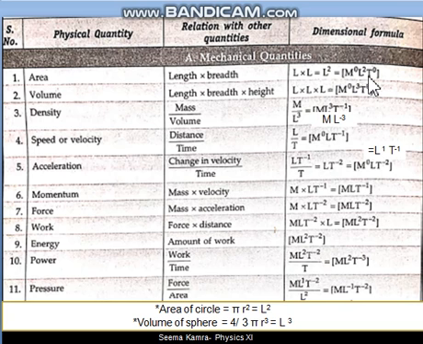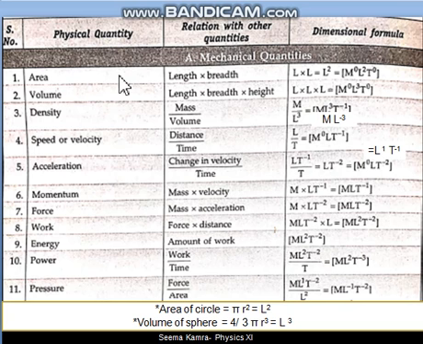Generally we write the sequence MLT, but if we write it simply as L power 2 or in MLT sequence, both are allowed. Whether it is the area of a rectangle or any other shape, the dimensional formula for area will always be L2.